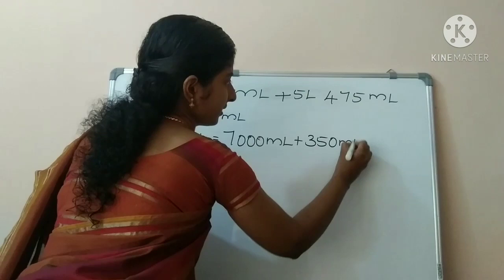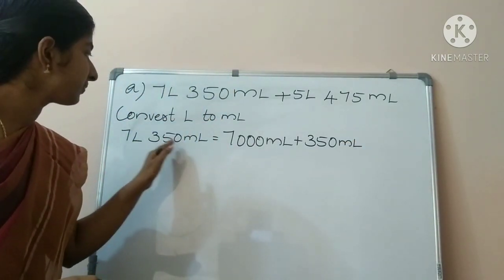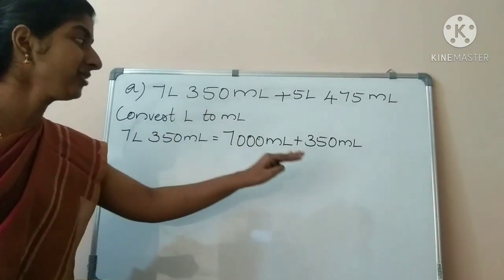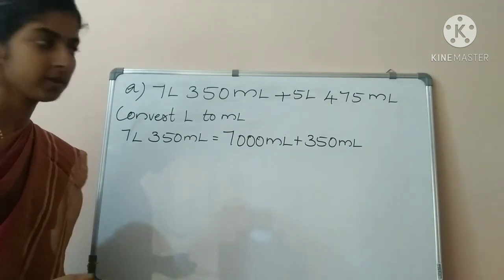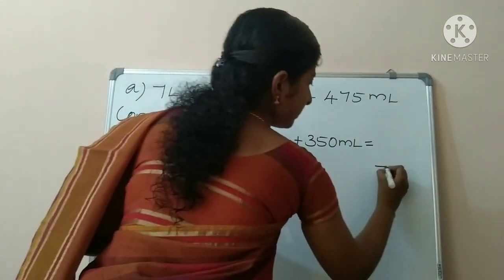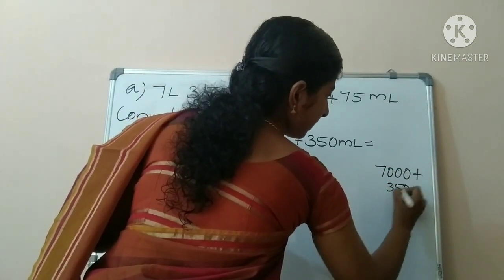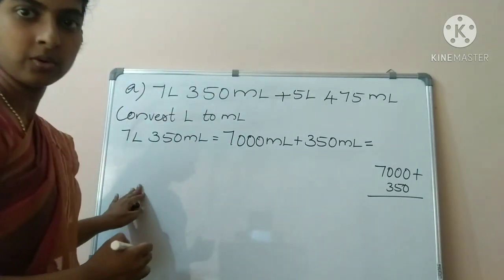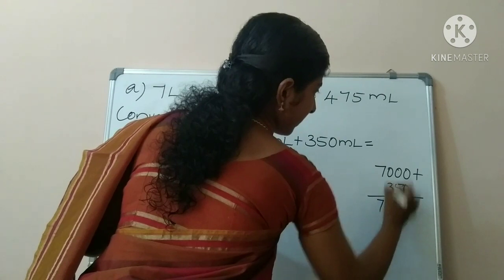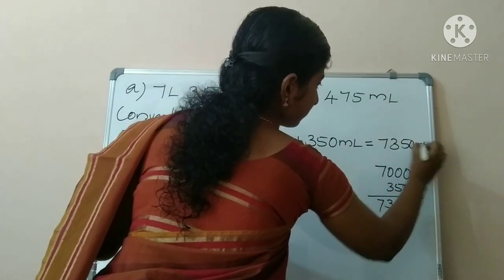Here the number is already in milliliter, so there is no change. Directly add: 7000 plus 350 is equal to 7350 milliliter.